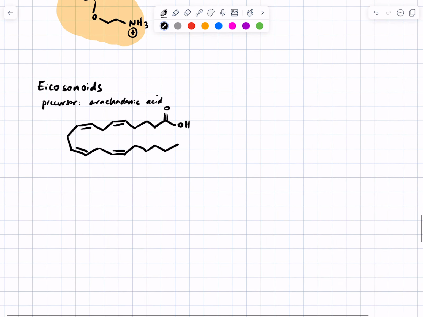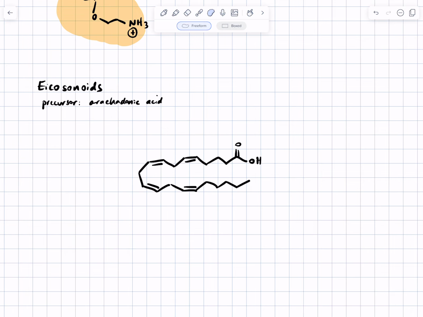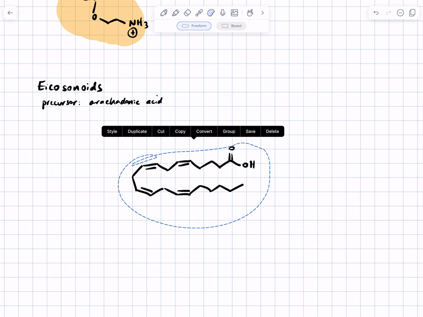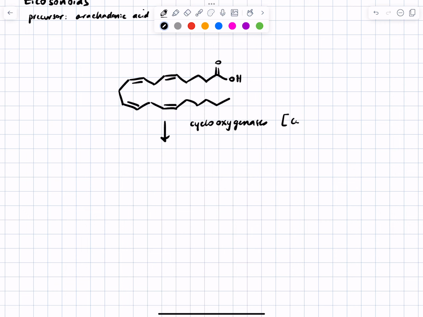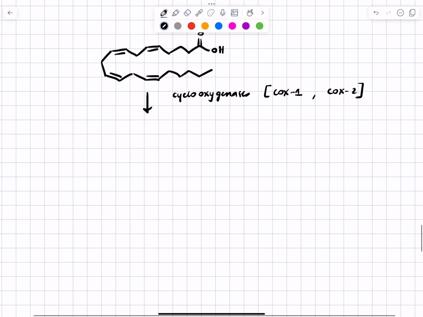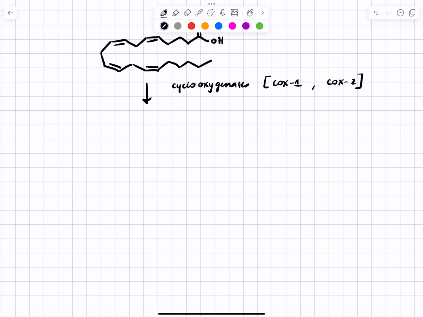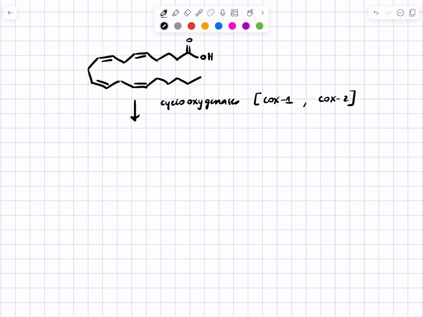Okay, 20 carbons. And there are various enzymes that can take this single precursor and turn it into different things. For example, a class of enzymes called cyclooxygenases, among which are COX-1 and COX-2, are used to convert arachidonic acid into a more complicated but unstable precursor.